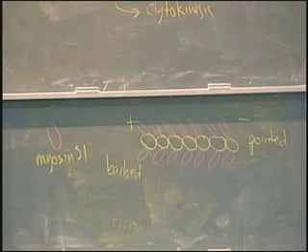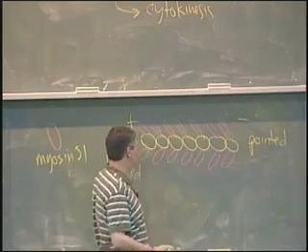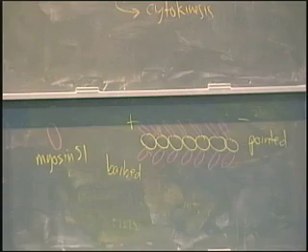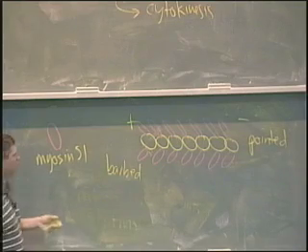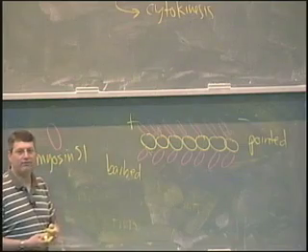Now, I told you that polarity has a functional consequence. If you're an actin monomer looking to join this filament, and you look from this end versus this end, the two ends look different. That has a functional consequence because actin monomers prefer to bind to this end of the actin filament.